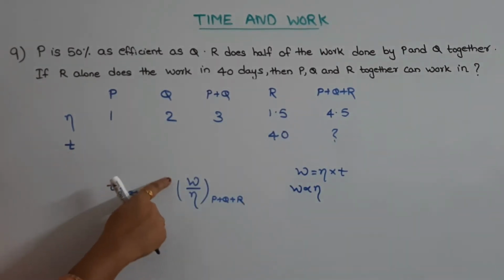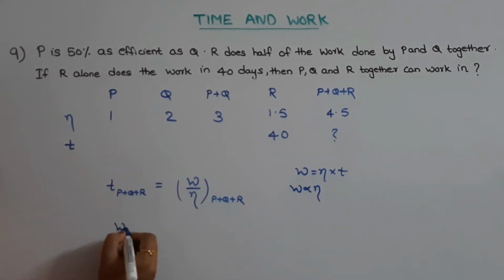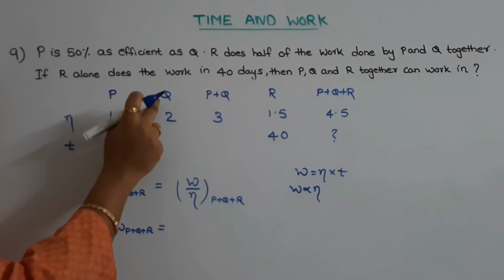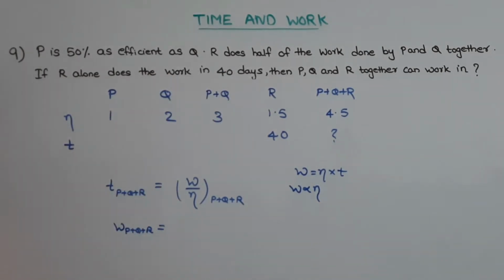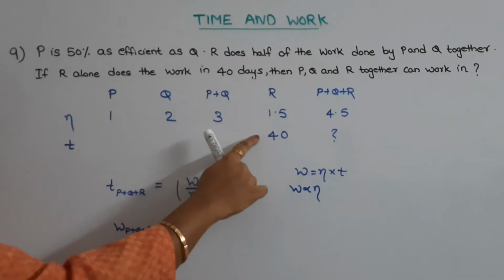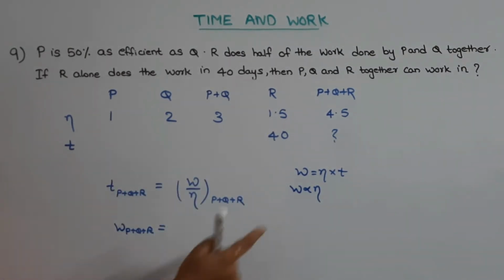Now we need to find out the work done. Work done by P, Q and R together is equal to work done by P, and that is equal to work done by Q, and that is equal to work done by R, since work done is always the same. So here the efficiency of R is given as 1.5 and the time period of R is also given. So we can find out the total work done from this.